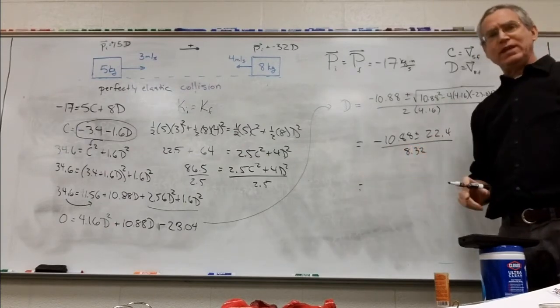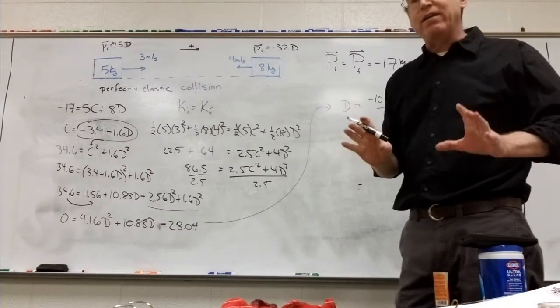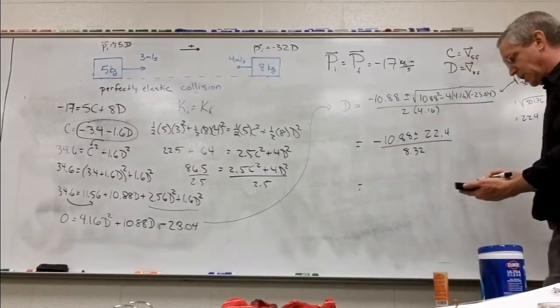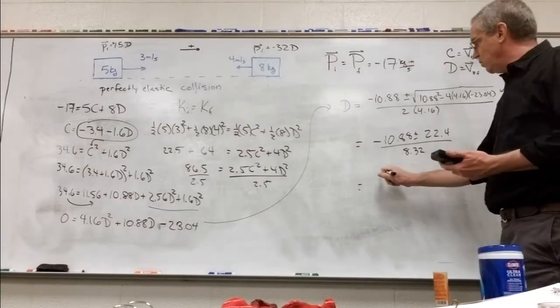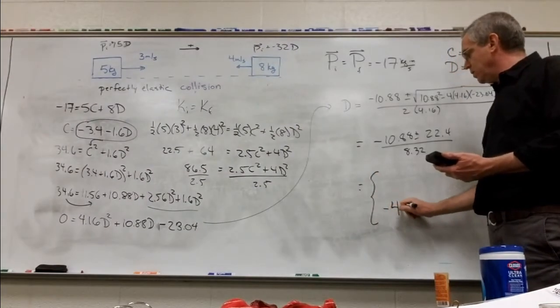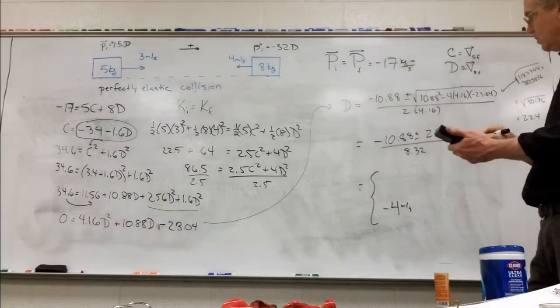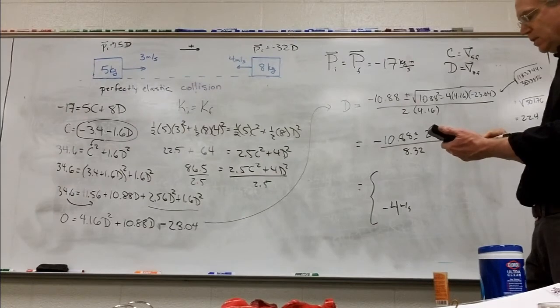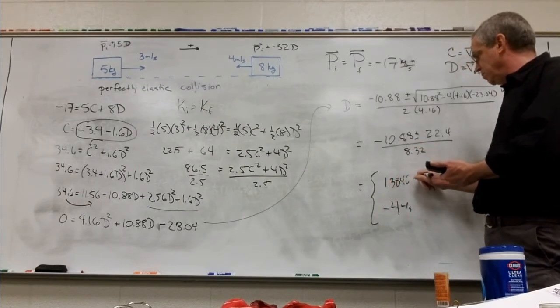I will have two solutions again. Now they both have legitimate meaning here. So one solution, negative 10.88 minus 22.4 divided by 8.32, is negative 4 meters per second, and the other solution, negative 10.88 plus 22.4 divided by 8.32, is 1.3846, and so on, meters per second.